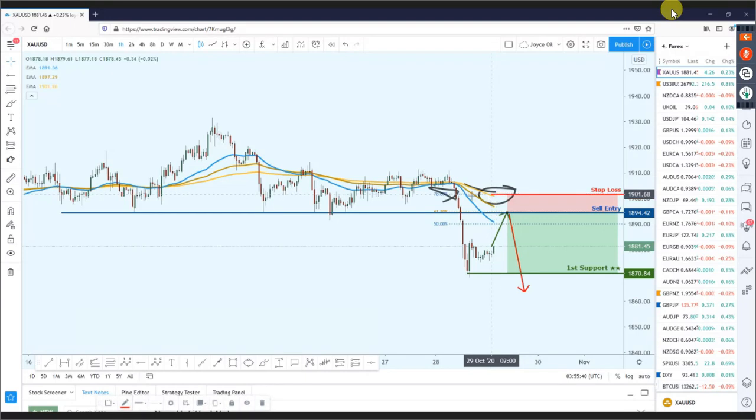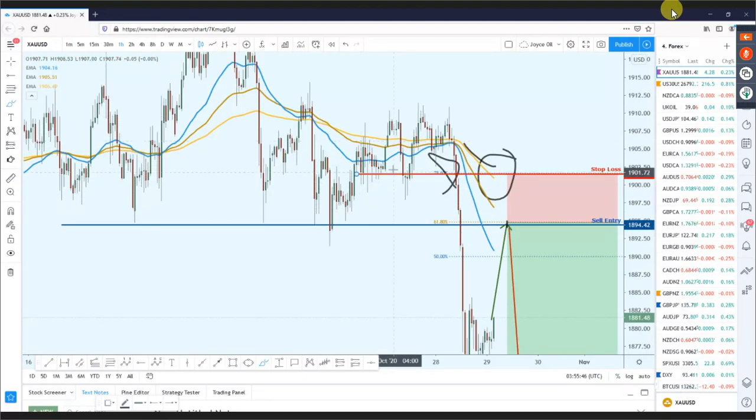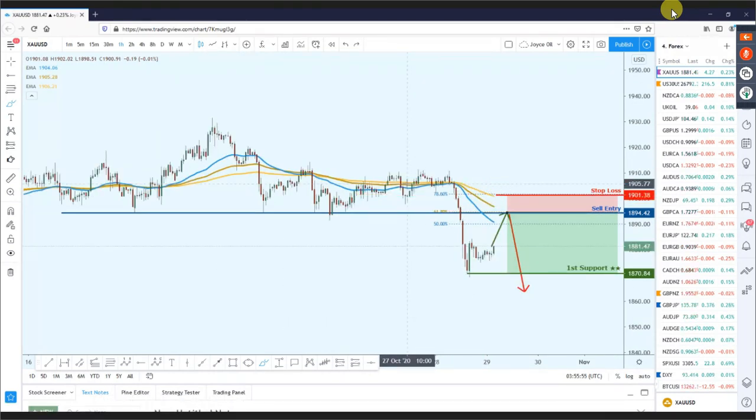So if I pull out my stop loss, we can also see a lot of wicks where price pushes off this area. Okay, so this is gold. Let me know if you guys have any other requests.